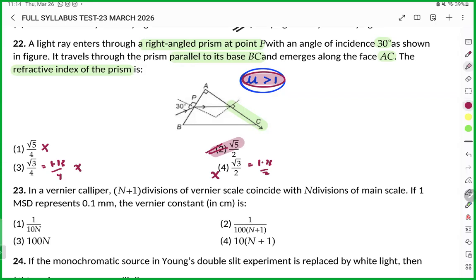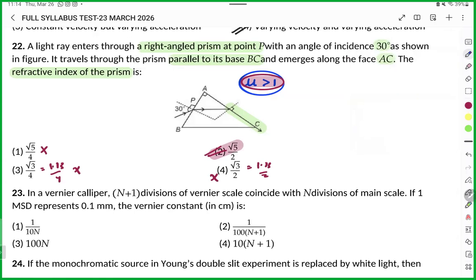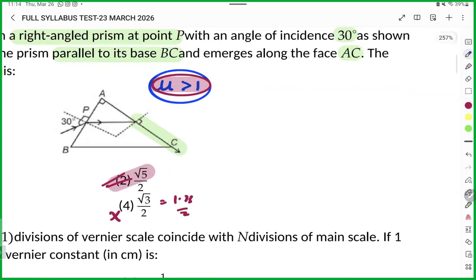Correct? Yes, sir. Now come to how to solve this question if a different version is given and there were better options. In the case of a prism, you have read R1 plus R2 is equal to the angle of prism. This is angle of prism A. But in this situation, the angle of prism is equal to 90 degrees. So, for example, let's take this is R1, this is R2.